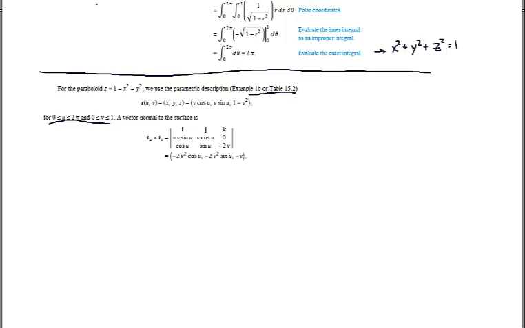Once again, this normal is in the opposite direction from what we're looking for, so our normal then needs to be <2v squared cosine u, 2v squared sine u, -v>. I'll fix that.